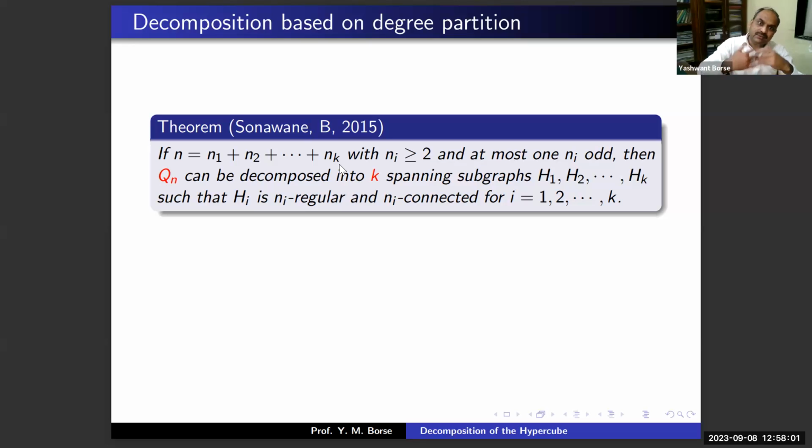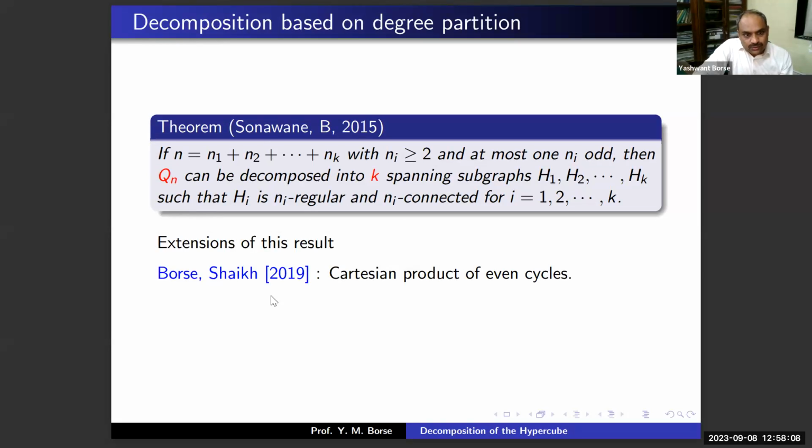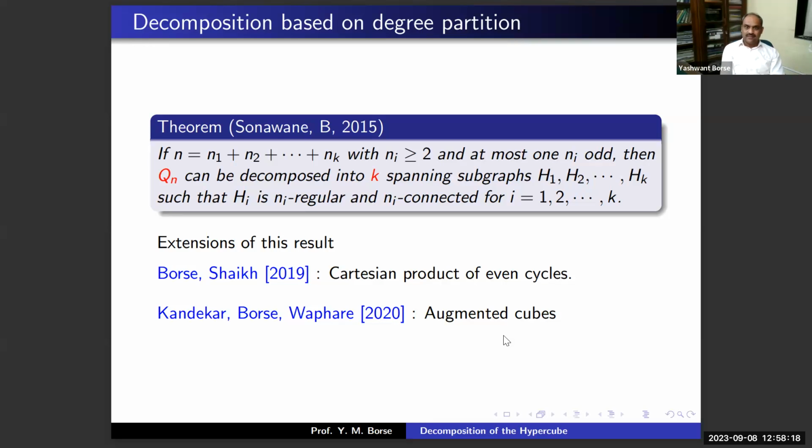Then we tried to extend this to other variations of hypercube. We extended this result to the Cartesian product of even cycles, and recently, I think in 2020, to the class of augmented cubes. It is a little difficult here; it is 2n minus 1, a more complicated variation, but somehow we got a similar result for this class of graphs.